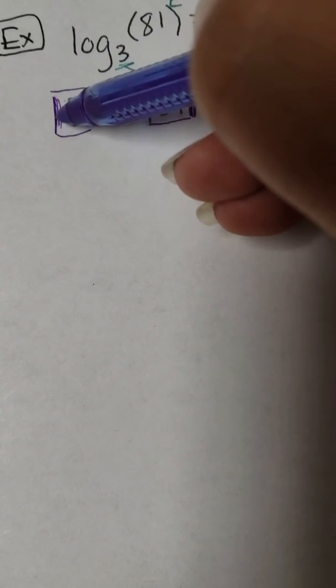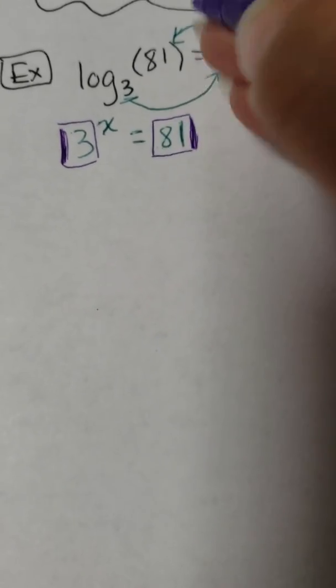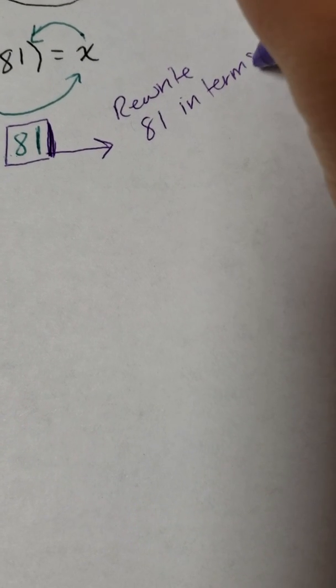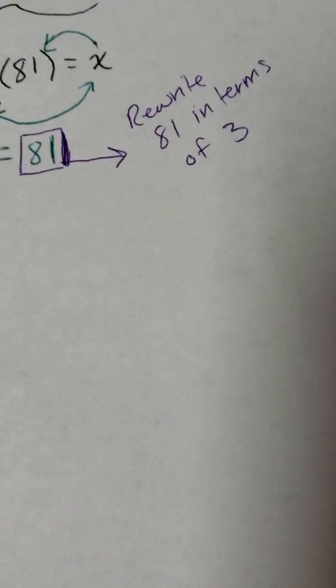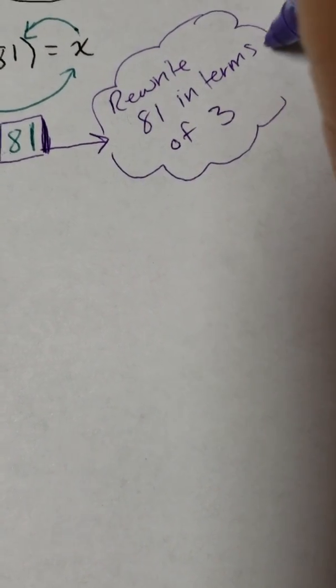So I'm going to make a note here: we're going to rewrite 81 in terms of 3. That's the trick for this.